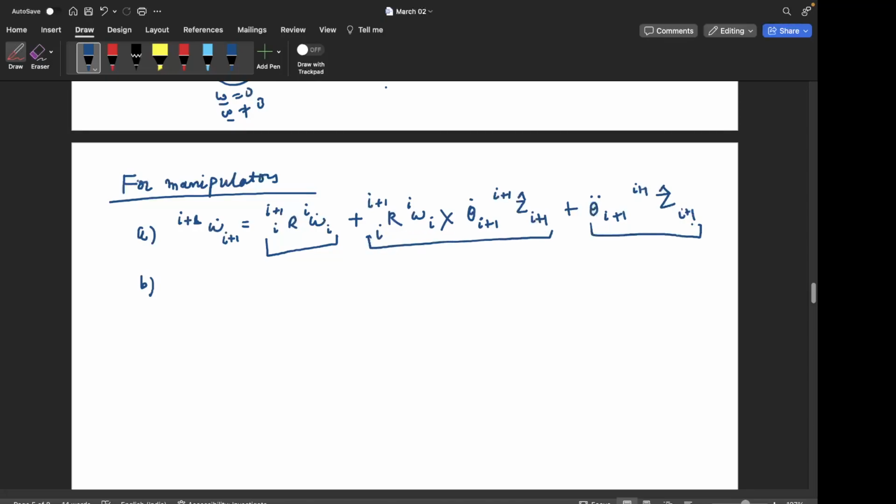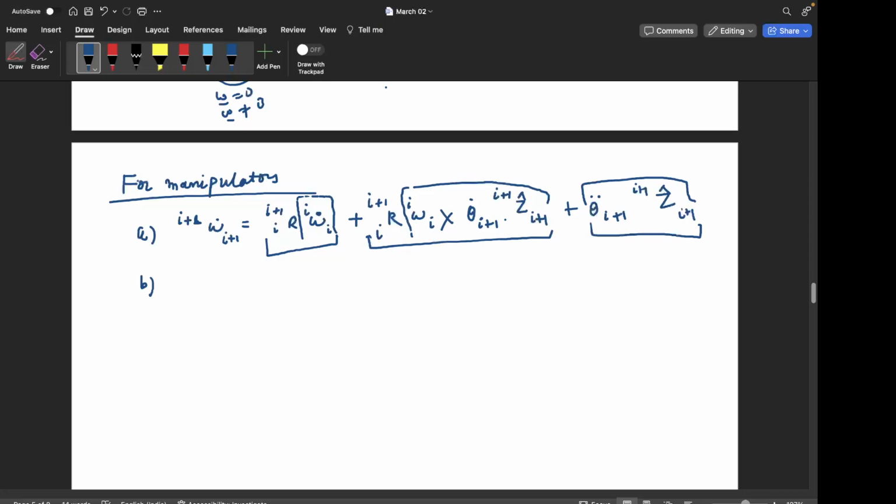And these rotation matrices are just for frame transformation. So don't be much concerned about them. So just note the actual terms which are there, right? This is the first term, this is the second term, and this is the third term. So the first term is the angular acceleration of the ith link.